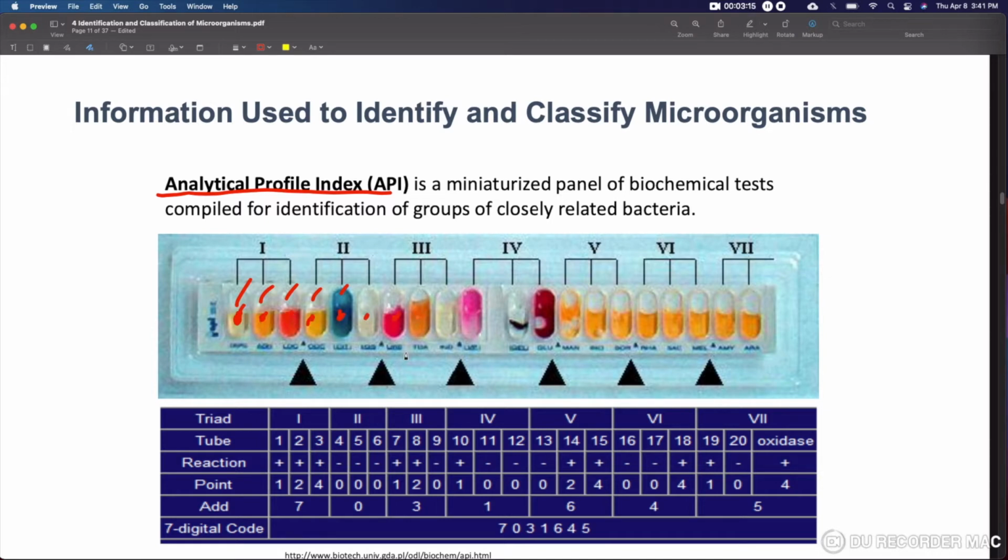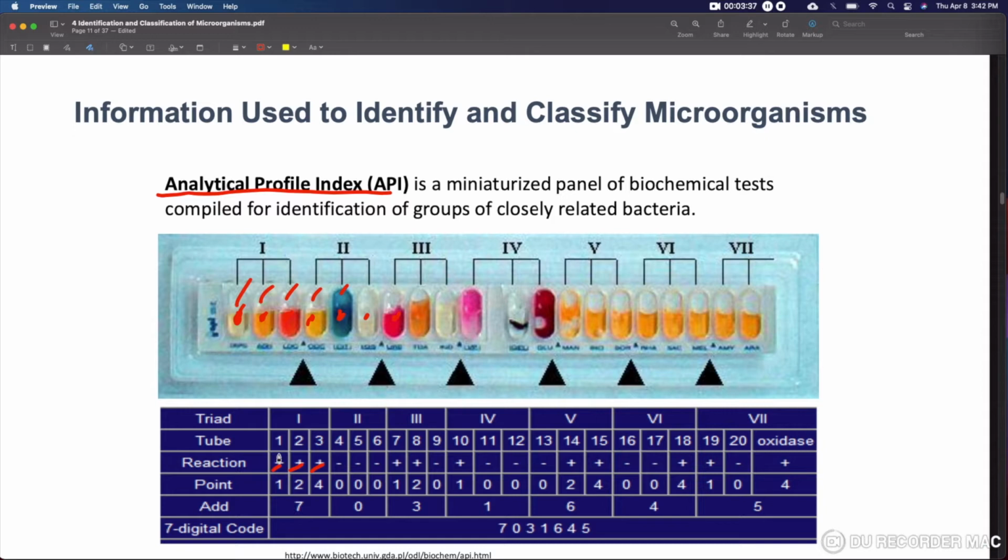After inoculation, we're going to incubate them. After some 24-hour period of incubation at 37 degrees Celsius, we're going to do a pointing system. In this pointing system, as you can see, each point will correspond to a certain number.